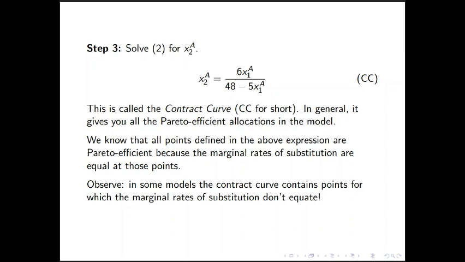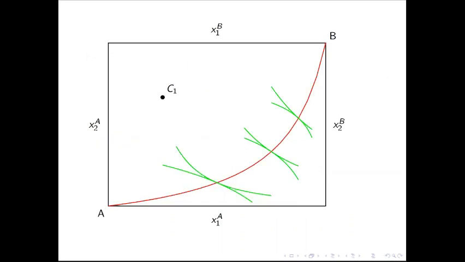When this happens, it's because the contract curve is going along the border of the box, but that is not the case here. Here I have drawn the contract curve within the Edgeworth box. That's the red line, and it contains all the Pareto efficient points in this model.